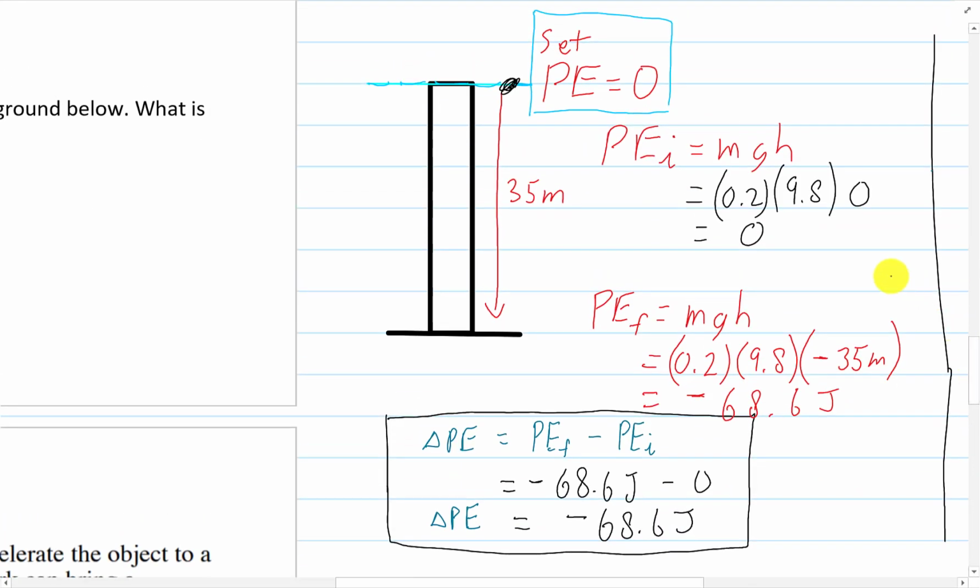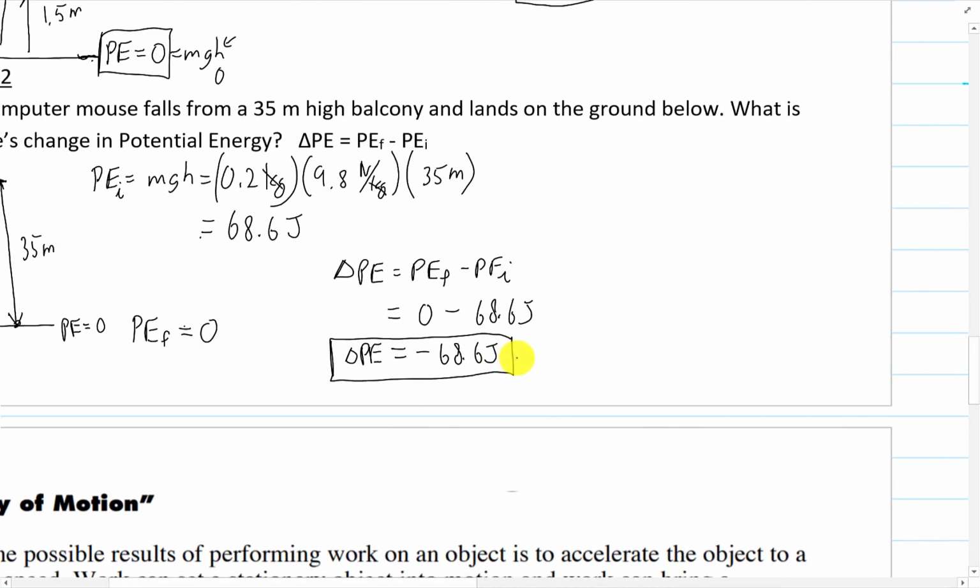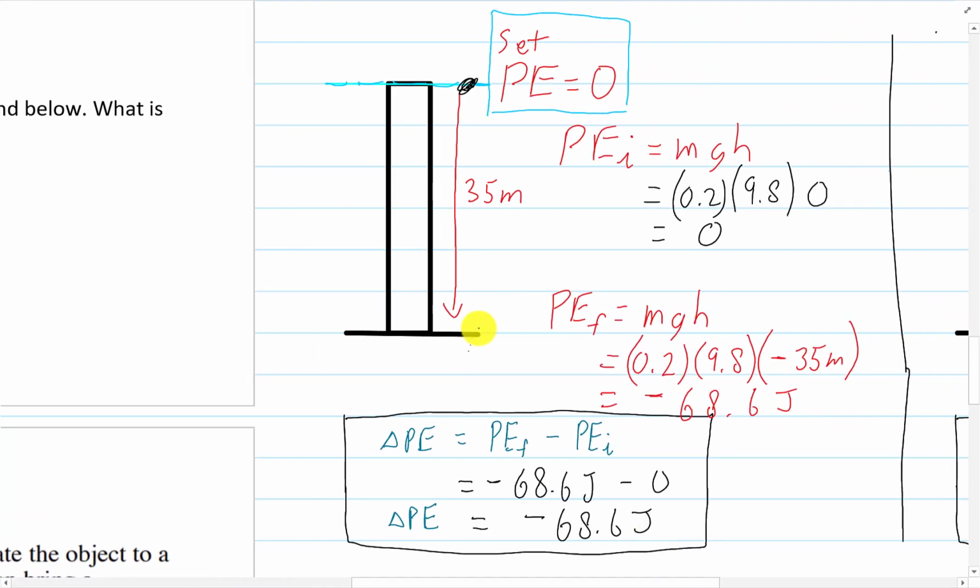But the final is below. So mgh, it's a negative 35 because we're going down. And that's a negative 68.6 joules. So when we do the final minus the initial, we get still negative 68.6. That's what we had, negative 68.6. So did it matter if we put the 0 to be the ground or 0 to be the top? No, a little bit more negatives playing in here, but it's fine.